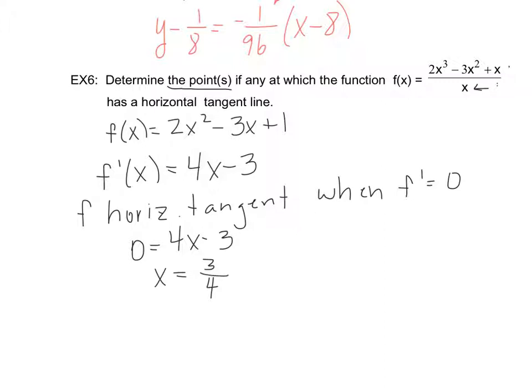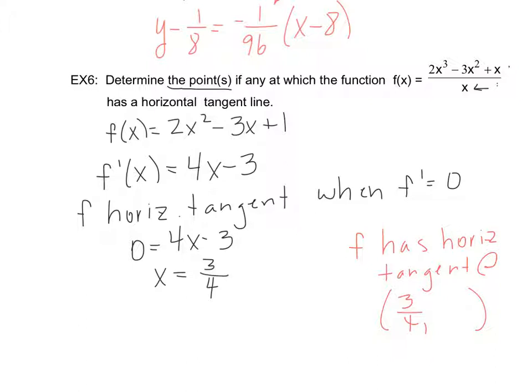Well, unfortunately, if it had said that, I'd be finished. But this said the points, which means my answer is going to be this. F has a horizontal tangent at 3/4, comma, something. I have to get that y value.